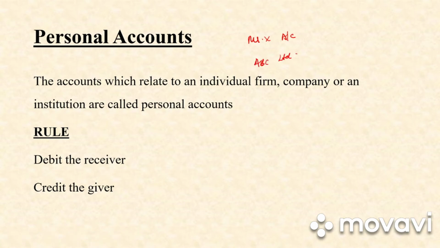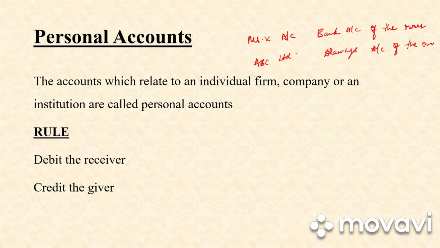This is also a personal account. Then we may have bank account of the owner or proprietor. This is a personal account. Drawings account of the owner. Whenever the account is of the owner or the proprietor, it will be your personal account.